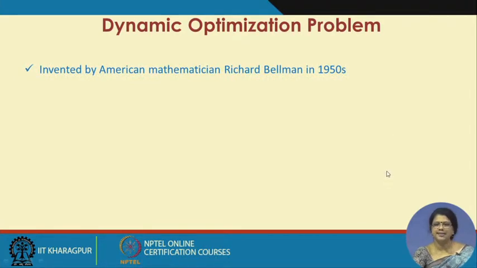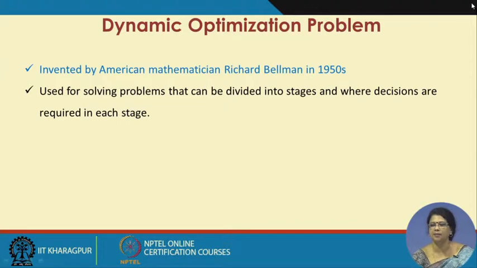Now, as I said, the optimization model can work in a dynamic situation or it can be in a static situation. The previous model I showed you was a static model at one point of time.